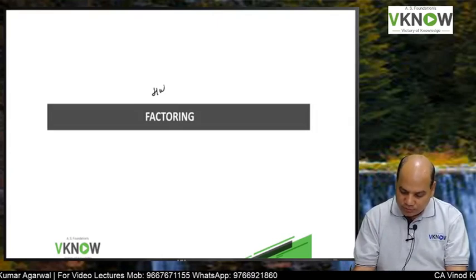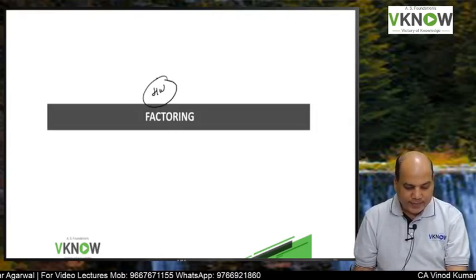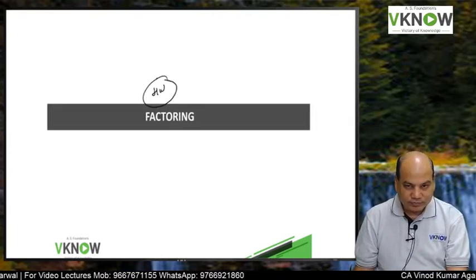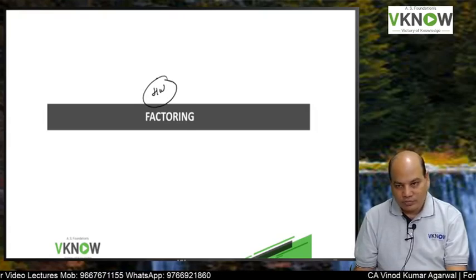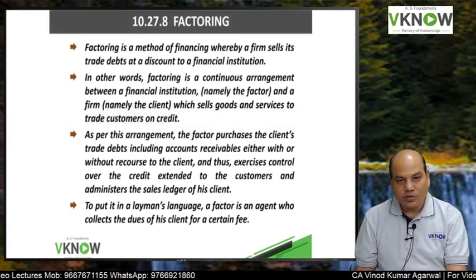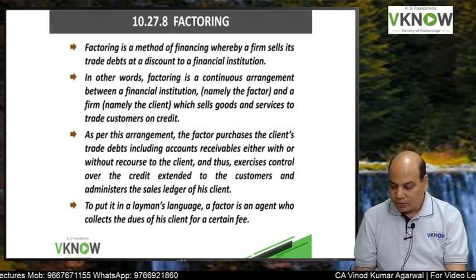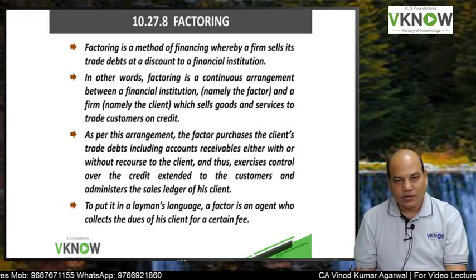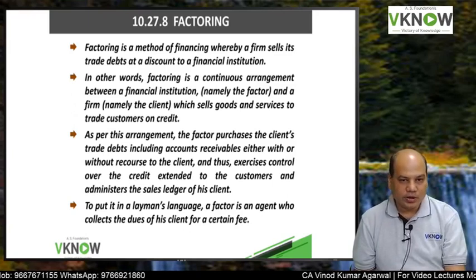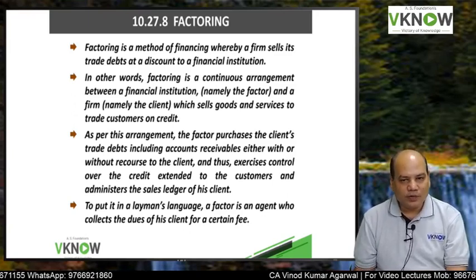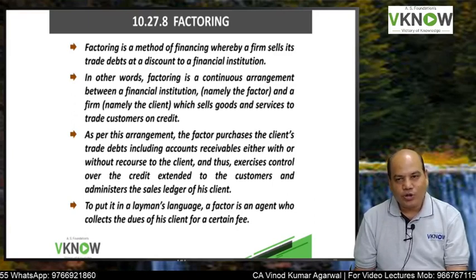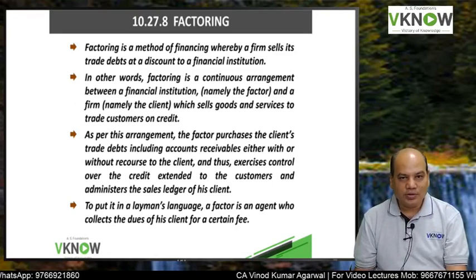Homework for today: factoring. Have you ever heard about factoring? In the receivable management chapter, a factor provides services relating to receivable management. They collect money on behalf of their client. They also give advance to their client.